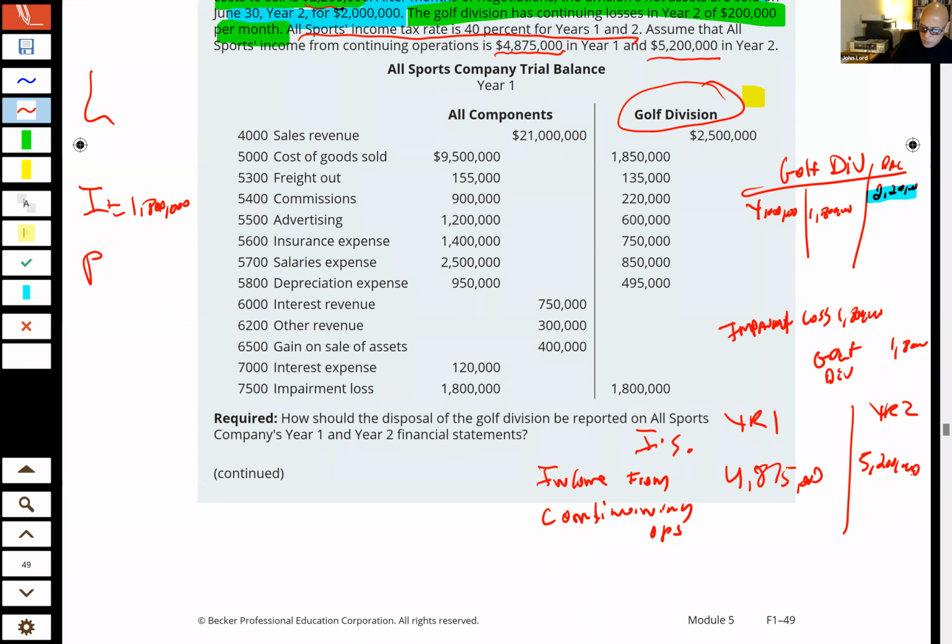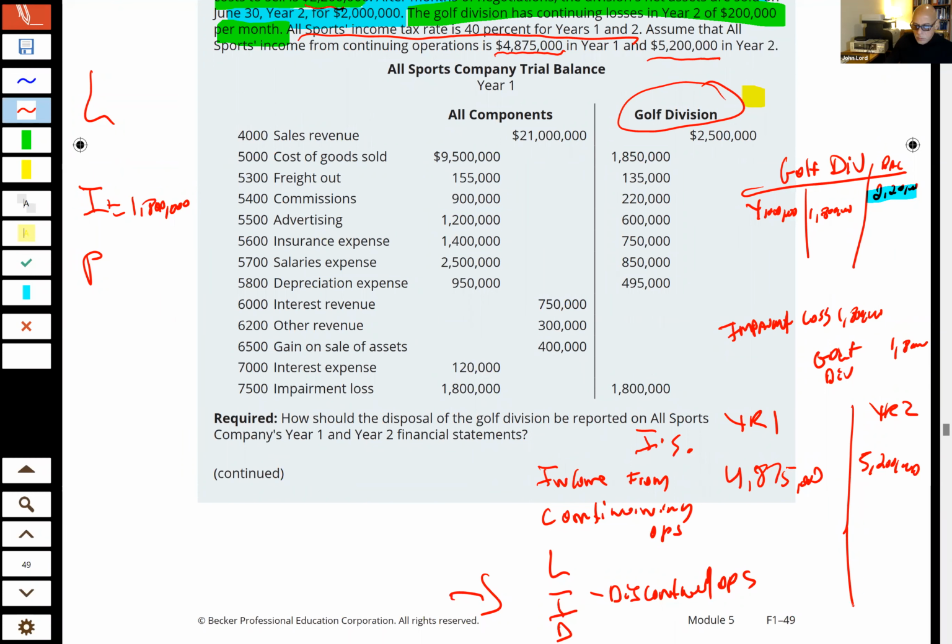With me so far? Okay, and now it's gonna be our job to figure out what goes into the discontinued operations. And we're gonna have to do that in this problem for year one and year two, and we're gonna have to report everything net of tax, right? With me so far? Yes.